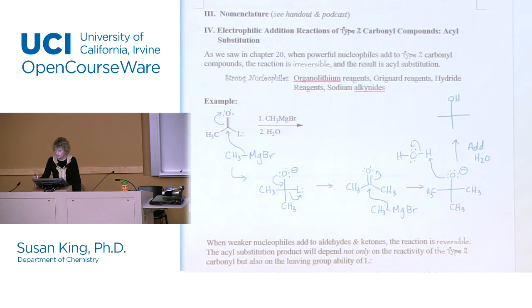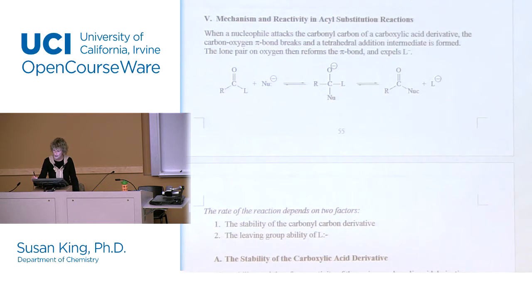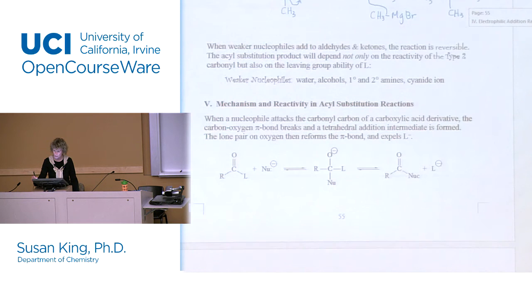So that's why I want to go into a little bit more in depth on the reactivity of the type 2 carbonyls. We've already talked about one aspect. We did not talk about leaving group ability. So we're going to just do a little bit more in depth here. So here's our reaction. One more time. No one's going to miss that on the test because I've done it so many times, right? That particular reaction. So a nucleophile attacks the carbonyl.